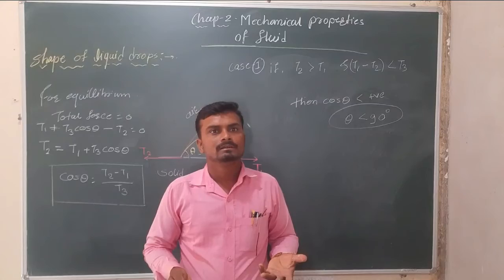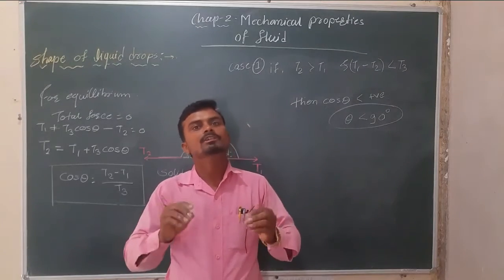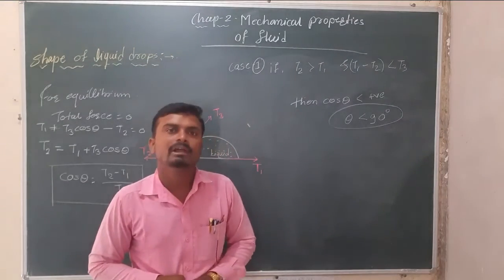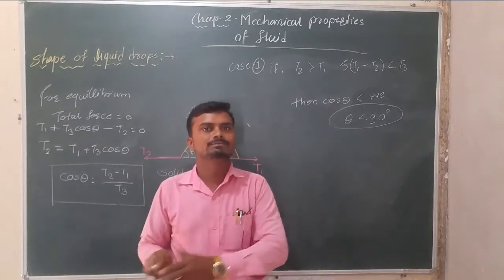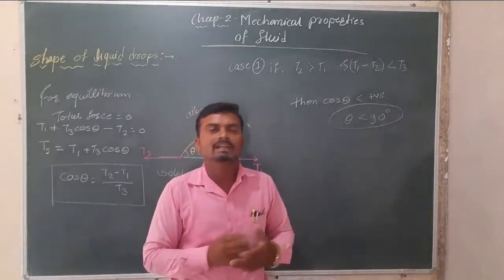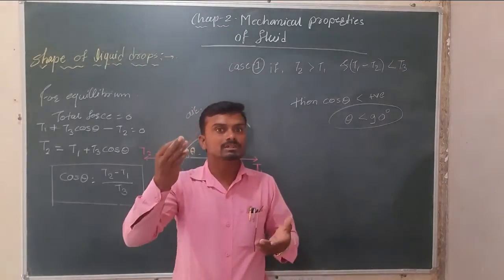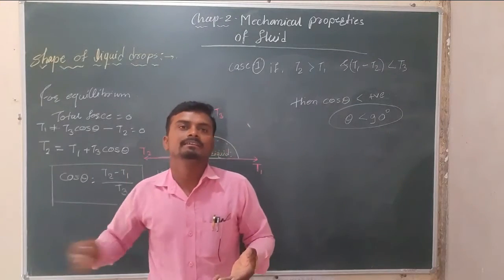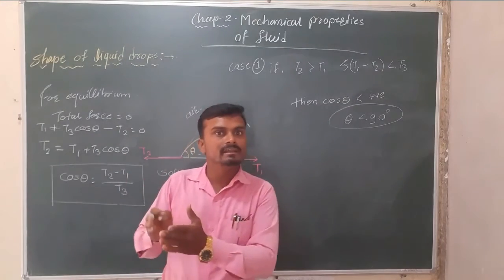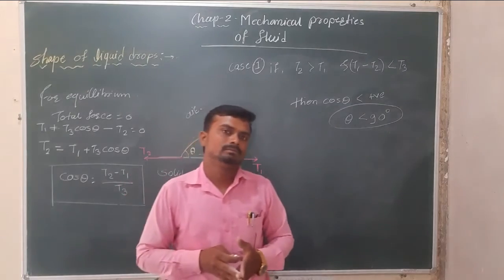obviously cos of theta is always less than 1. The value of cos of theta lies between minus 1 to plus 1. At 0 degree, it is plus 1. At 180 degree, it is minus 1. And at 90 degree, it becomes 0.